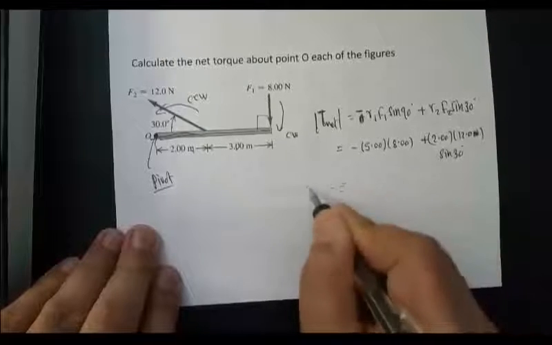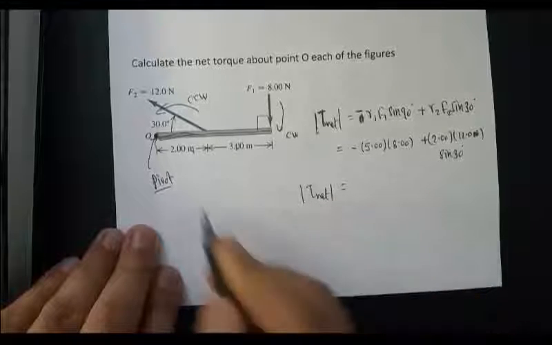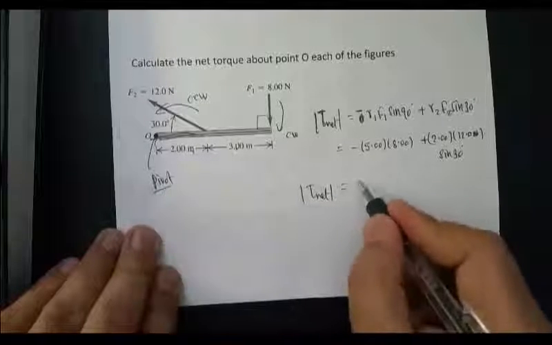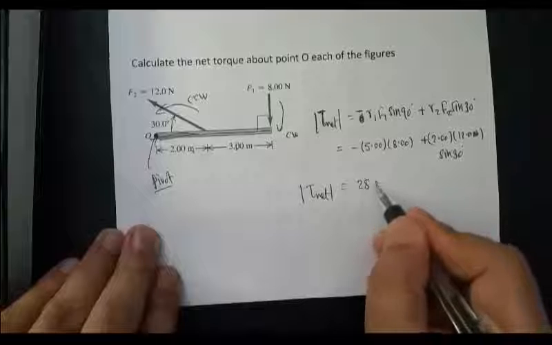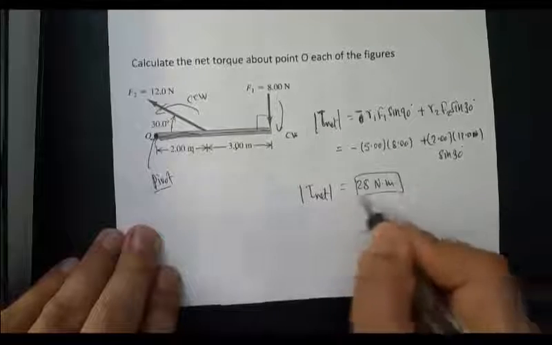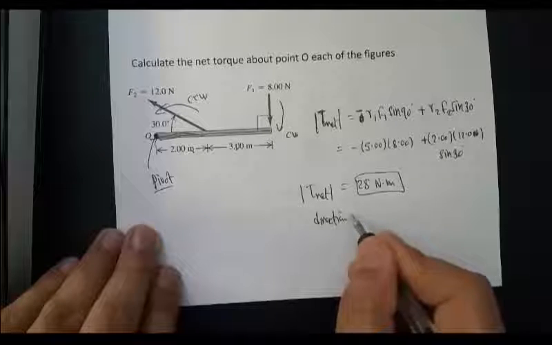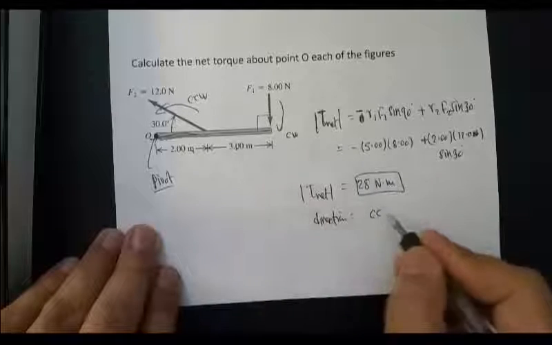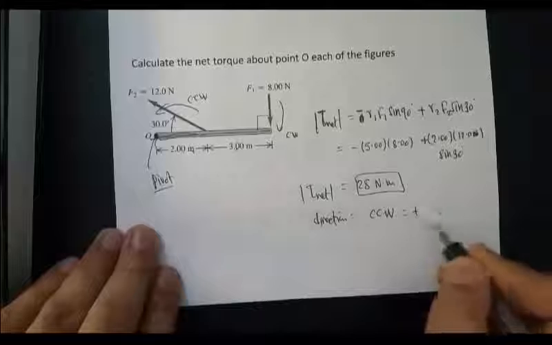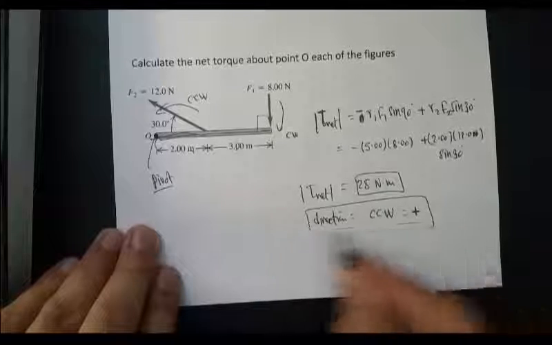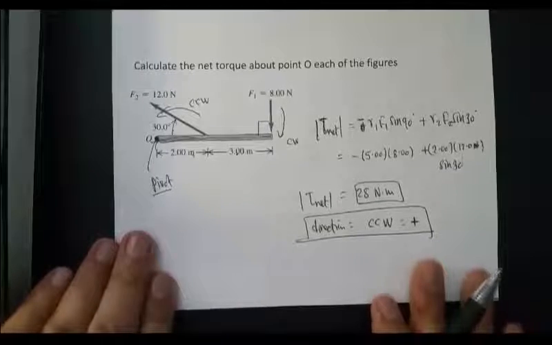So if you do that, the magnitude of the net torque about this pivot point will be 28 newton meters. Okay, and what's the direction? It came out positive, so that means this rod will rotate counterclockwise, so its direction is positive. That's how you figure it out. Okay, so pretty similar.